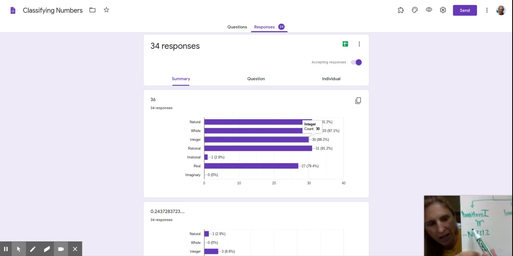I cannot put the line over the numbers because that would mean I'd have a repetition. But putting that dot, dot, dot means those numbers are going to go on forever and they are never going to repeat. So these are irrational numbers.